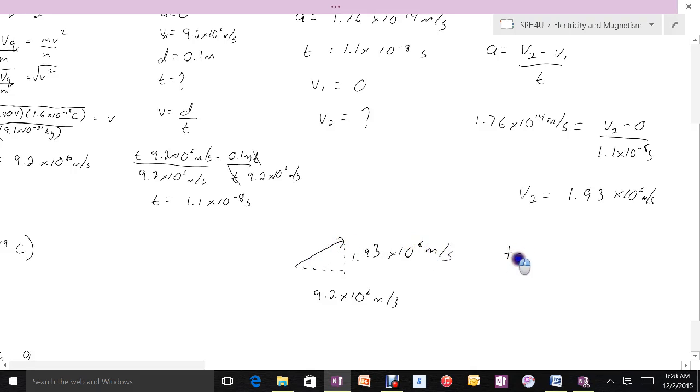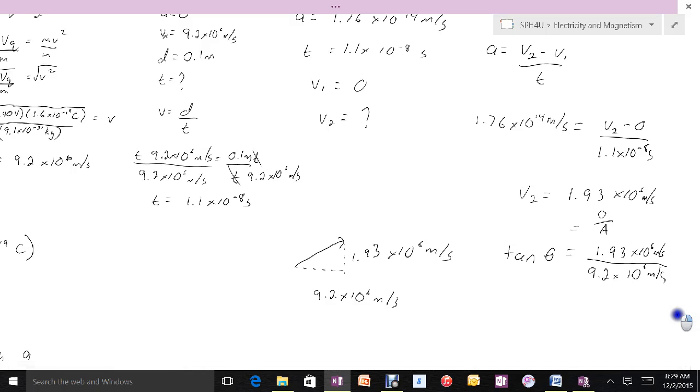So first of all, for my angle, I'll use tan theta, which is equal to 1.93 times 10 to the 6 meters per second, my opposite, over my adjacent, divided by 9.2 times 10 to the 6 meters per second. Taking the inverse tan, I can get an angle of 11.8 degrees.